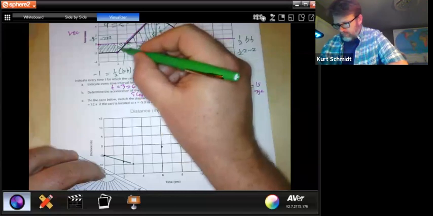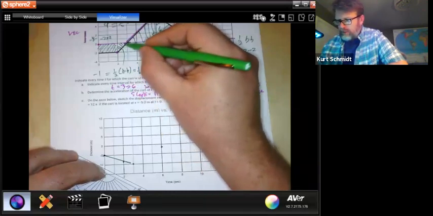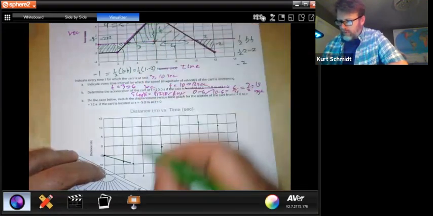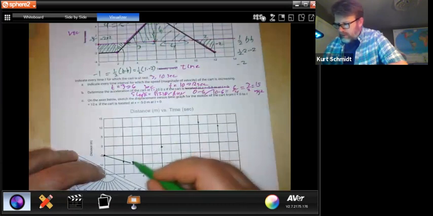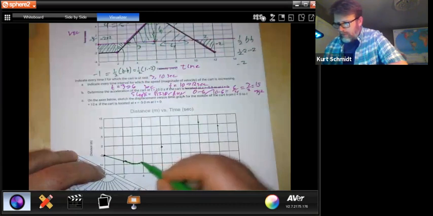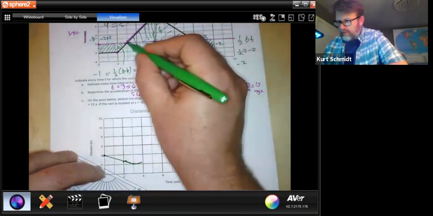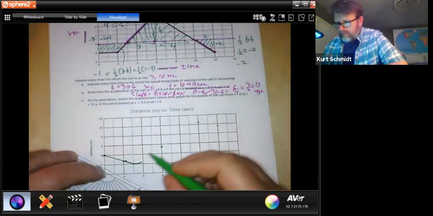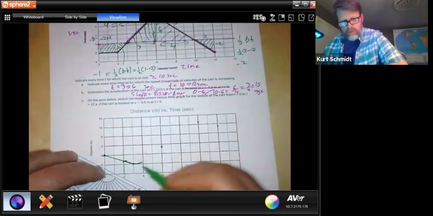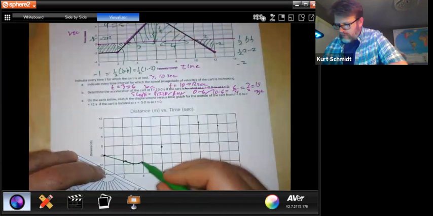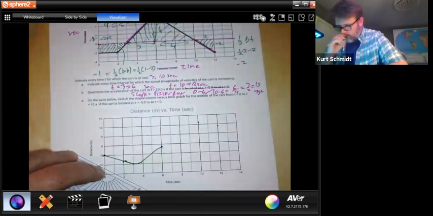Here we keep changing our velocity, which means the slope of this line is going to keep changing. So it is going to curve, going from a more negative slope to a 0 slope. It's going to look something more like this.